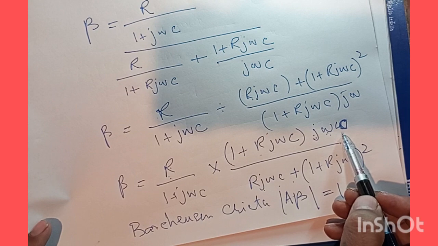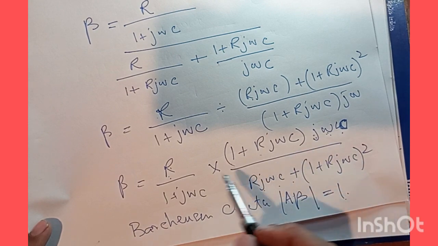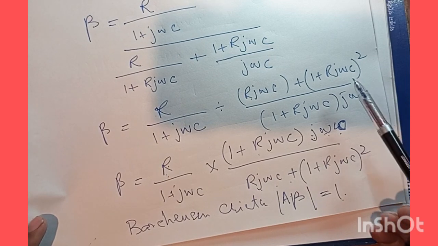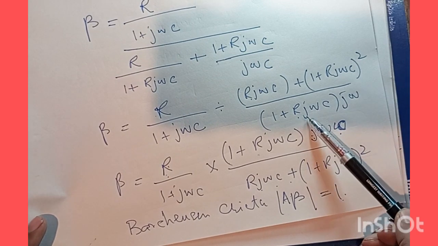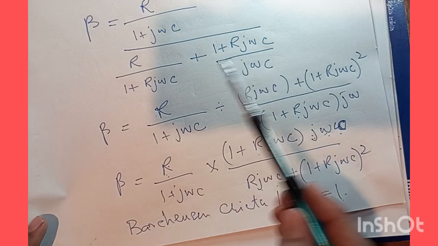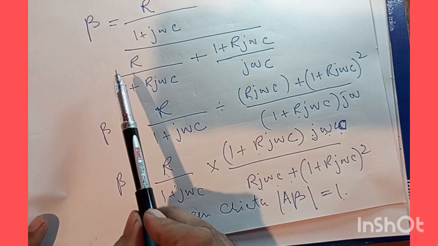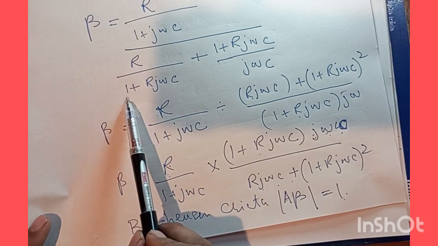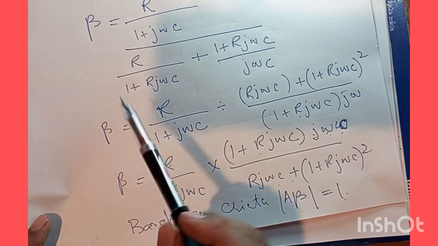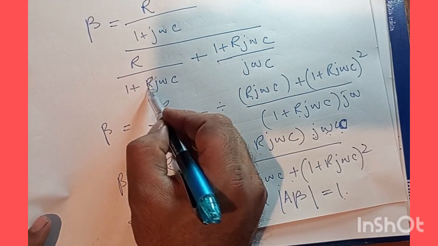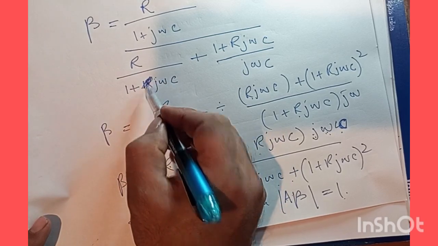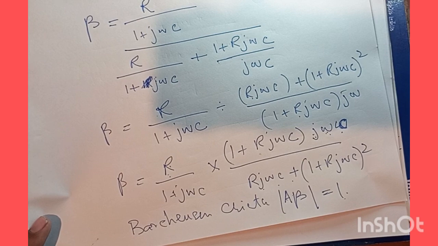And then there is a problem. Now how do I have R J omega C here? Because here I have R by 1 plus, okay, here it's only J omega C here, right?